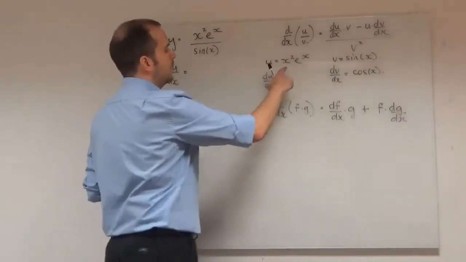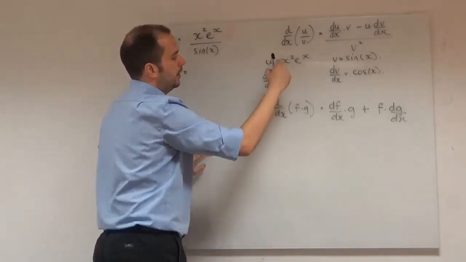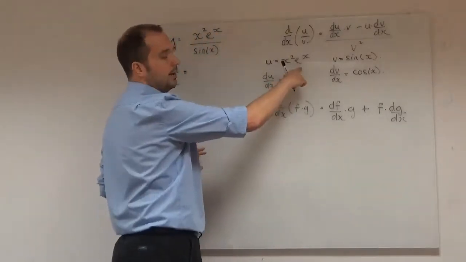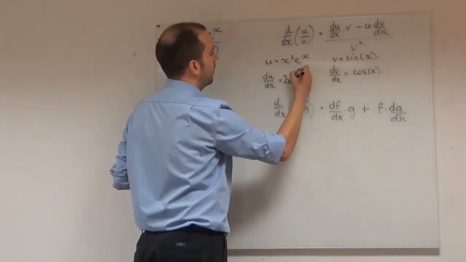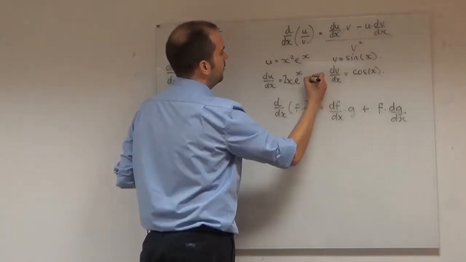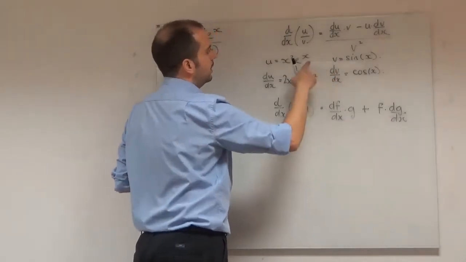So if you look at our example, it's x squared e to the x. So if we differentiate the first term, we're going to get 2x, and then leave the second term. And then we're going to add to that, leave the first term, so that'll be x squared, and then multiply by the derivative of the second term.